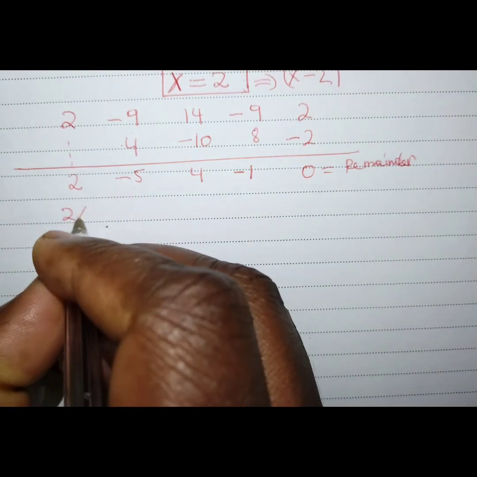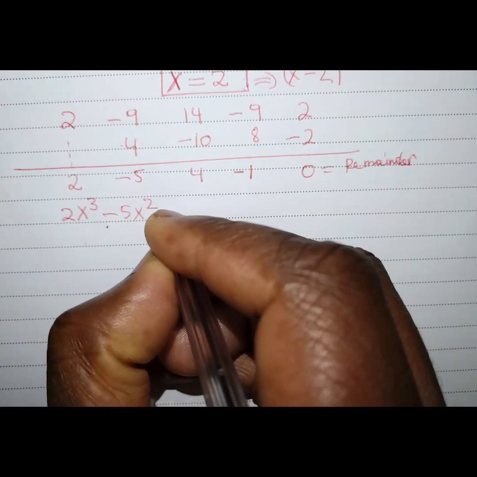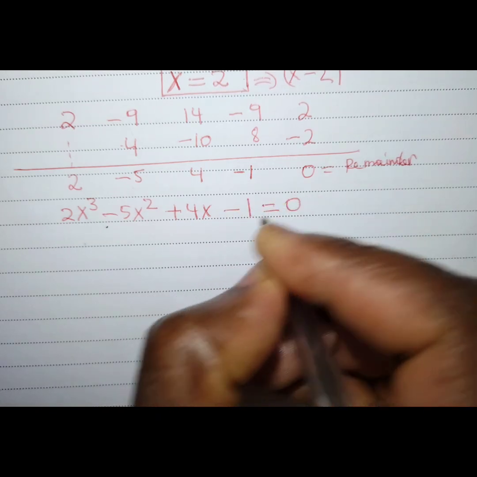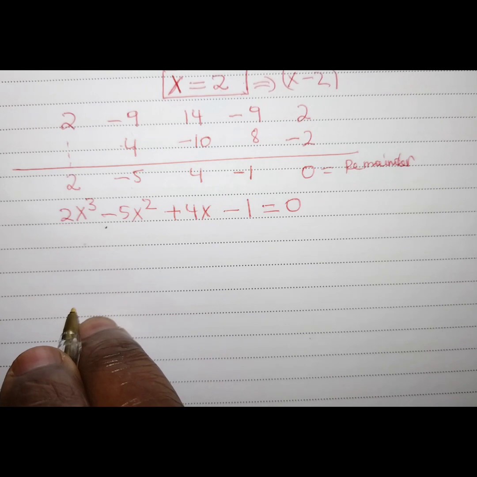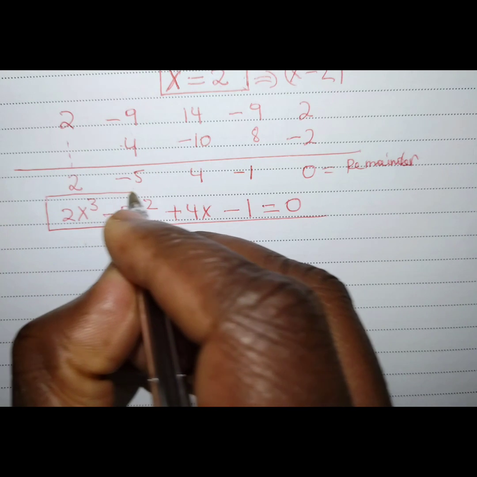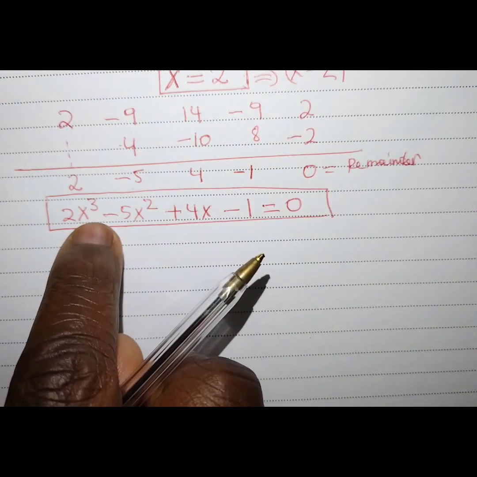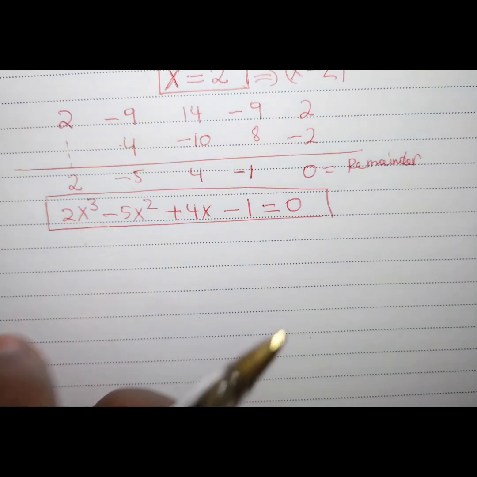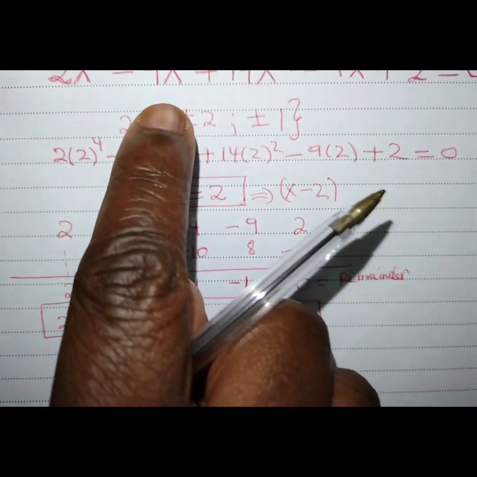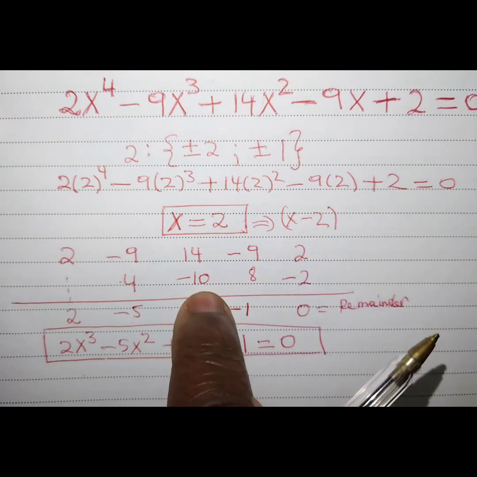So we're having 2x to the power 3 minus 5x to the power 2 plus 4x minus 1 equals 0. Ladies and gentlemen, I have found here an equation where the highest power of x is 3, and this is the equation that is obtained when we divide the quartic equation right here by the binomial x minus 2.